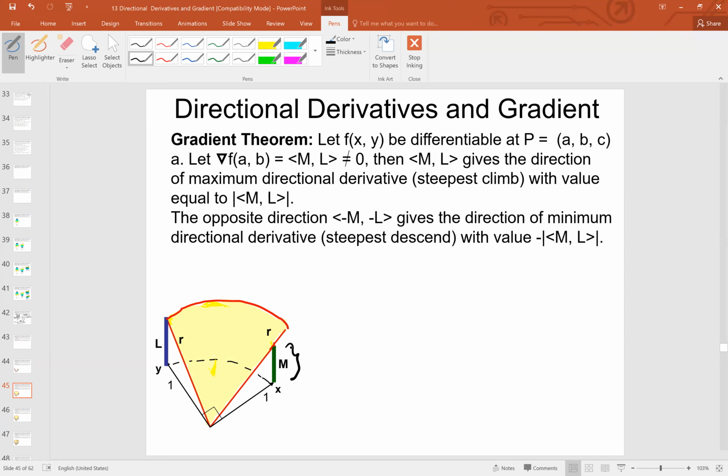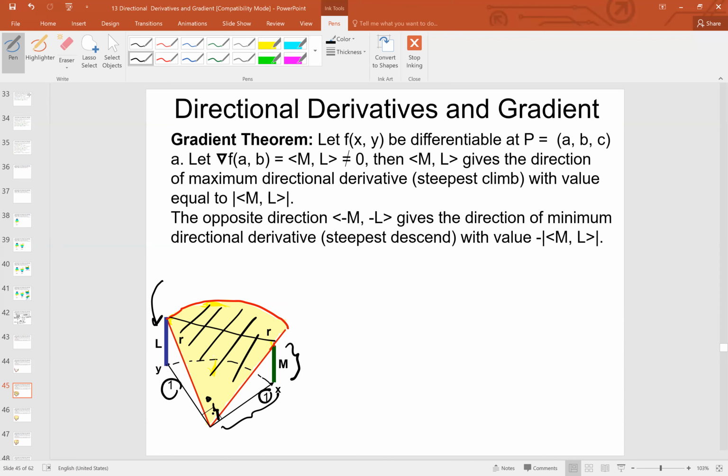If I take a pole that's m meters high, and this is 1 unit from here to here, and I take another pole that's L meters high, and again it's 1 meter out, both of these are 1 meter out, and that makes a little plane, and I extend this plane to the entire space, and then ask the question: which direction is the steepest climb?